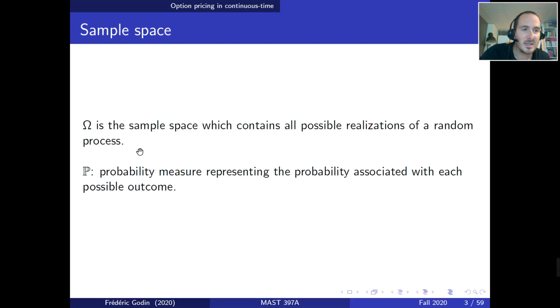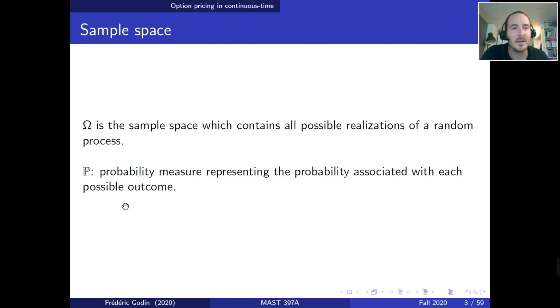So omega is the set of all possible outcomes which can happen, and P is a probability measure which assigns probabilities to events, where events are subsets of omega, collections of possible realizations or outcomes. So P assigns a probability to the various possible events.